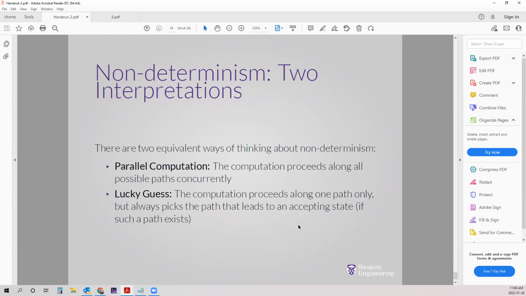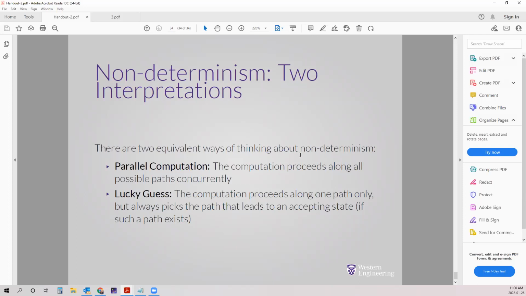So non-determinism has two interpretations. Why do I need this in computation? This is a question you might ask. Why are we studying this, and why do we design this in programming languages or in any computation system? There are two equivalent ways of thinking about non-determinism. The first one is parallel computation, and the second is lucky guess. What do we mean by parallel computation?